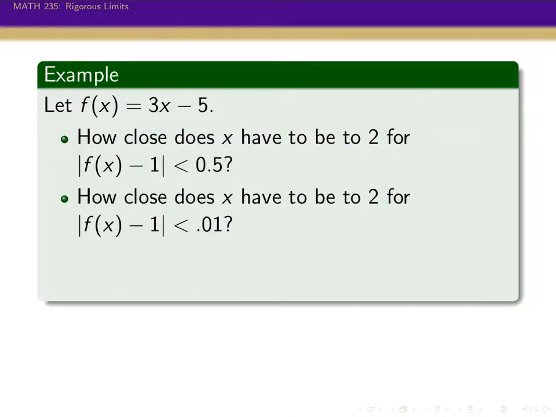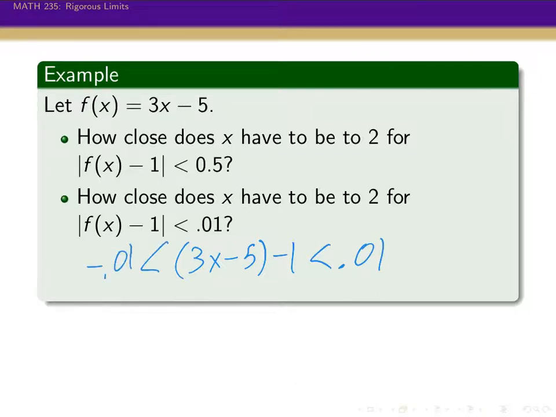So what if we change our epsilon? So now the epsilon, we've shortened it down to 0.01. Now this is a different number, but the idea is the same. And so we're going to go through the same way. So for f of x, I'm going to plug in 3x minus 5 again, subtract off 1, but now we want it to be between 0.01 and minus 0.01.